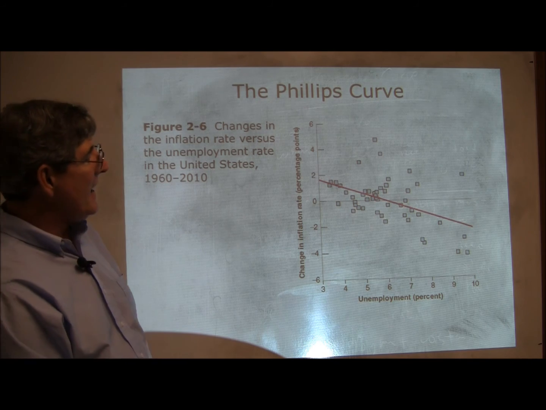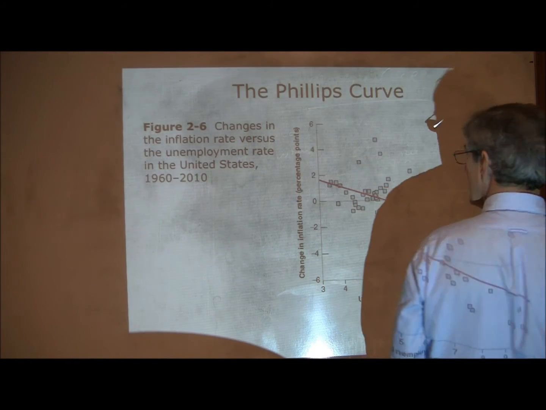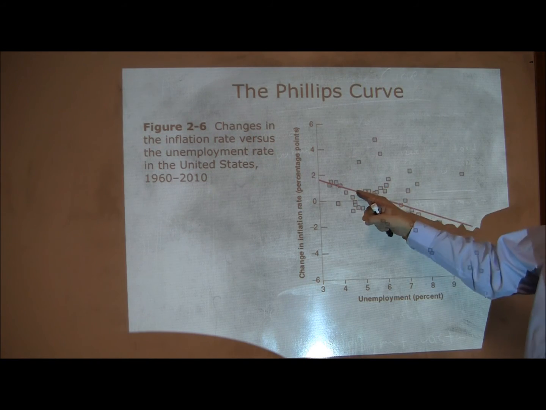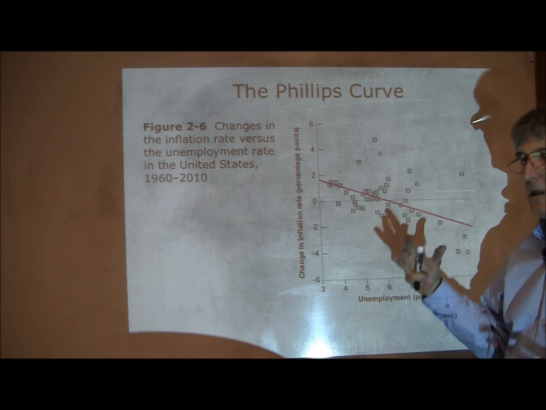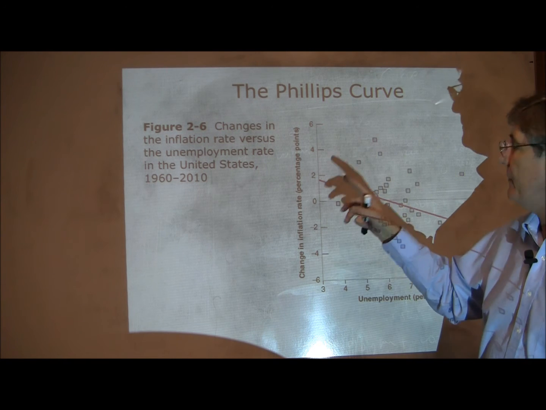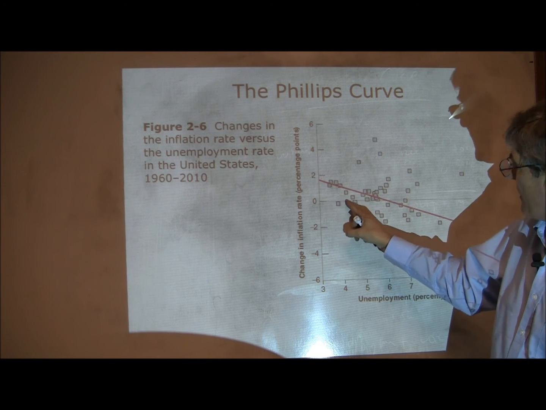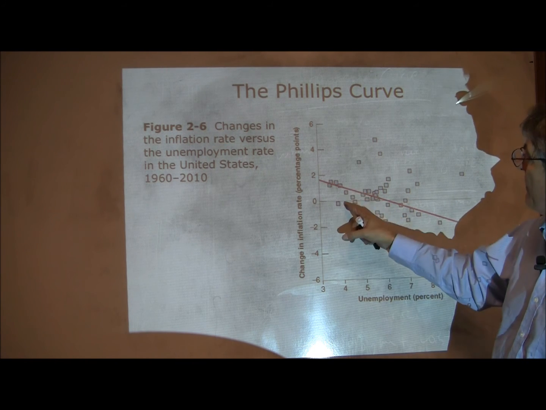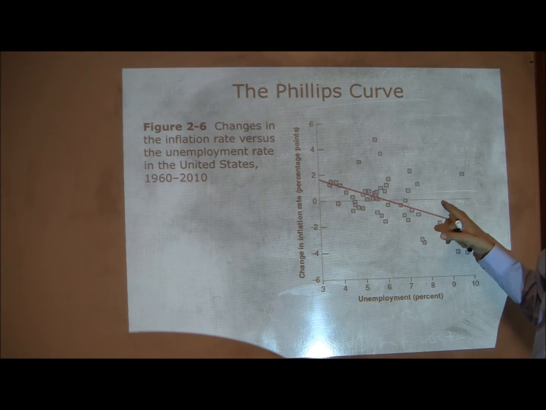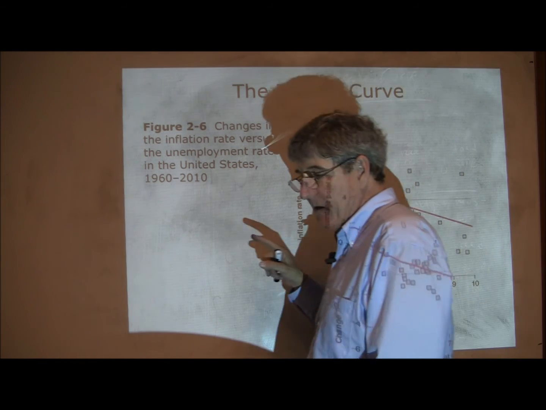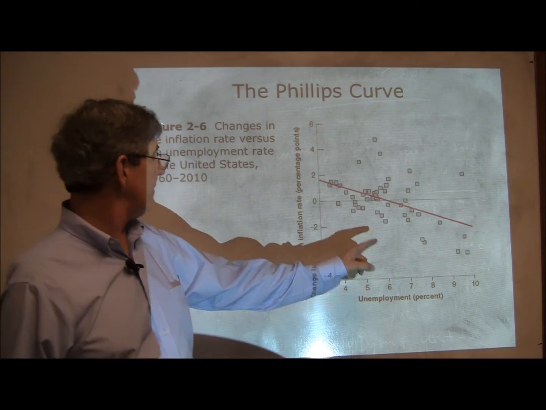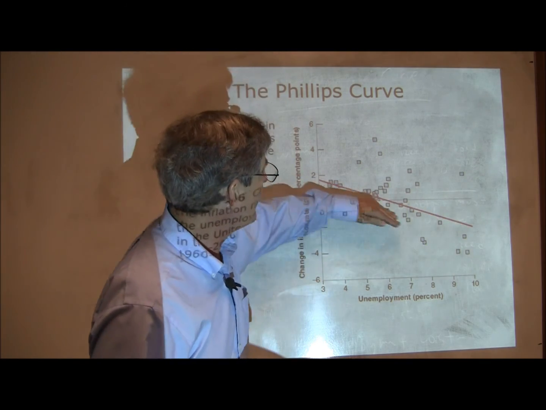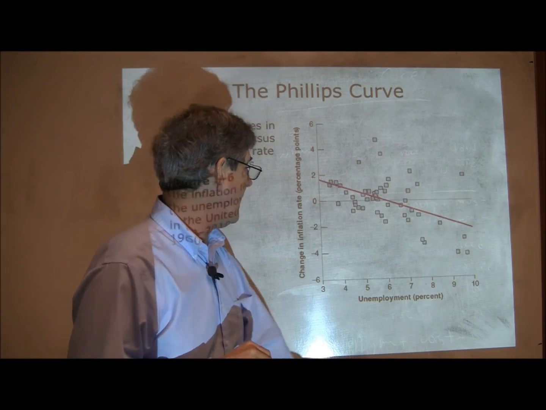So what this is saying is that if you have a really low unemployment rate, that means the economy is probably overheated because low unemployment means output's really booming, so you ought to have inflation. When you have really high unemployment like we had in the Great Recession, we saw earlier that the inflation rate actually became negative. You're going to get really low inflation with high unemployment.